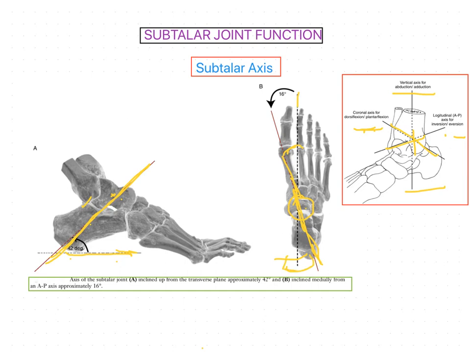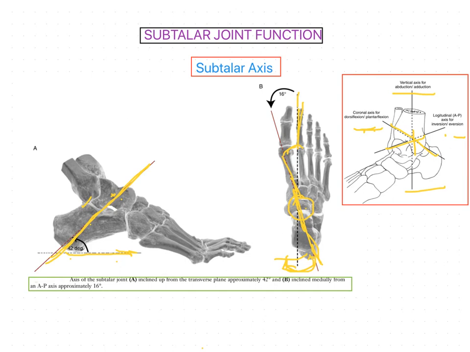So calcaneal inversion is taking place. What is the axis for inversion and eversion? That is the longitudinal AP axis, isn't it? So if the calcaneum is moving this side, along this longitudinal axis, inversion is taking place.